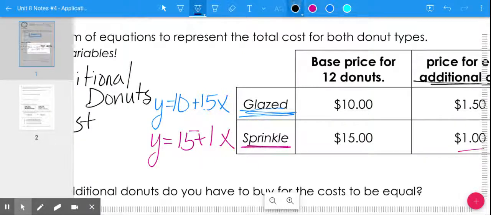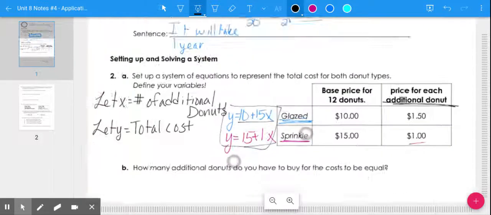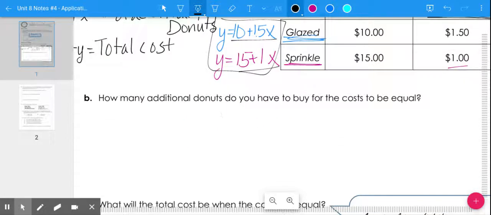So this right here is our system, and if you look at these pieces on the right side, that kind of matches what we were doing up here. And that's how we will find when they're equal. Those are basically the same thing, just represented a little bit differently. So part B says how many additional donuts do you have to buy for the cost to be equal? I want to know when those two things are going to be equal to each other.